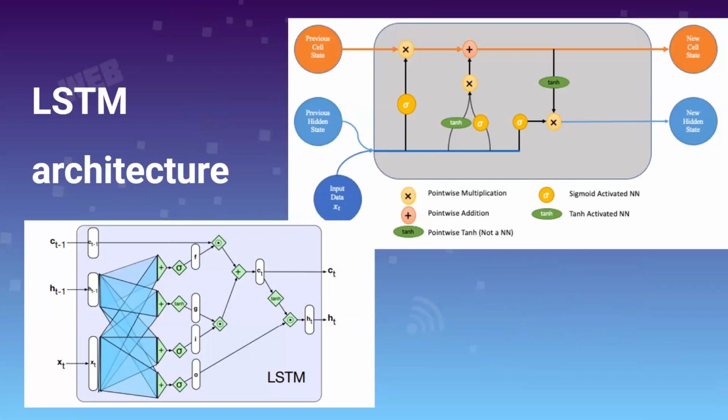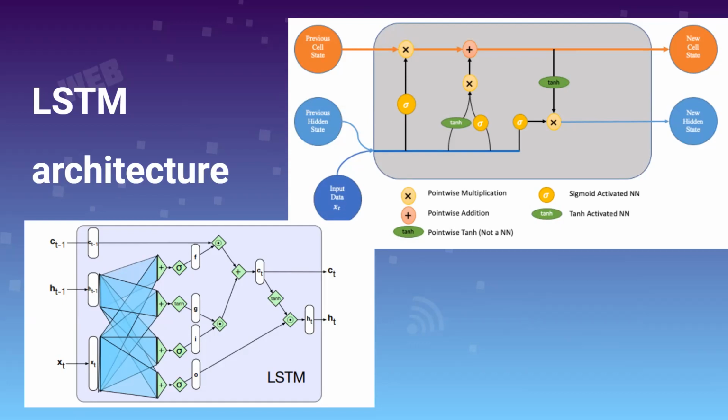LSTM, or long short term memory, is an RNN designed to overcome the limitation of vanishing gradient in RNNs. LSTMs maintain a memory cell that can retain information over extended sequences, making them highly effective for sequential tasks like language modeling and time series analysis.